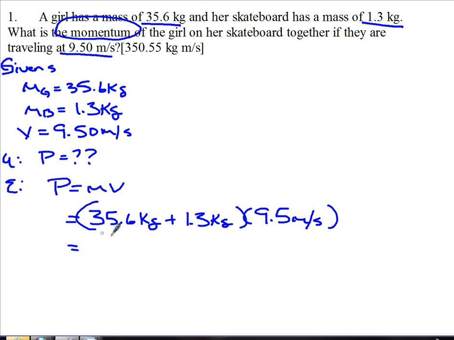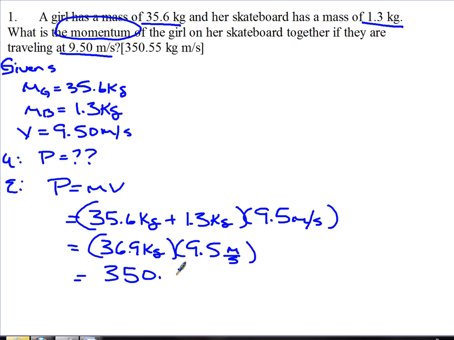My total mass, and I could have done this somewhere else earlier, is 36.9 kilograms times 9.5 meters per second, so that I get a total momentum of 350.55 kilograms meters per second. And go ahead and box your answer.